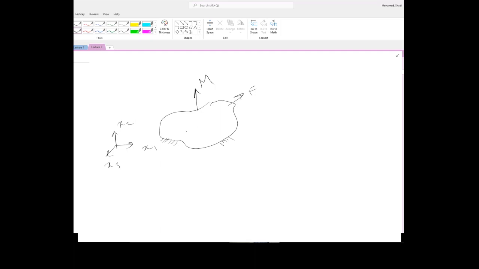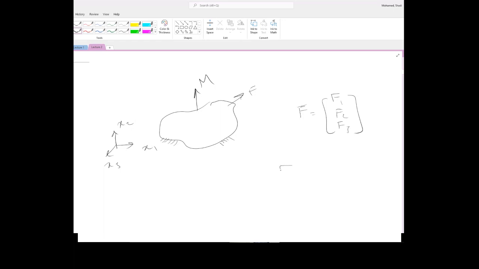However, in some cases, you need to transform between one coordinate system and another coordinate system. Let us assume that you have f written in this coordinate system, f1, f2, and f3.